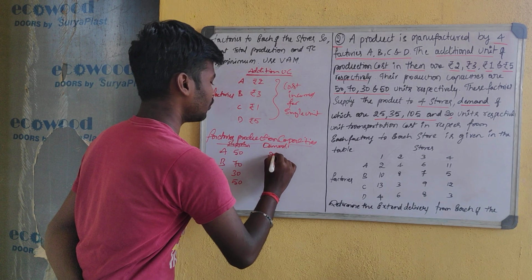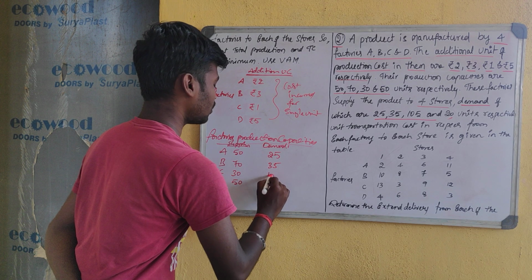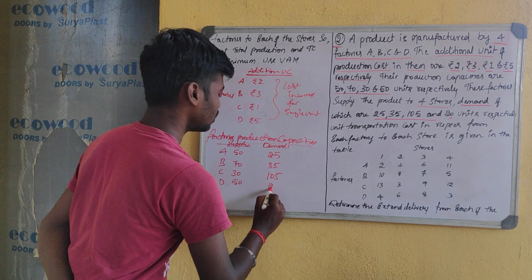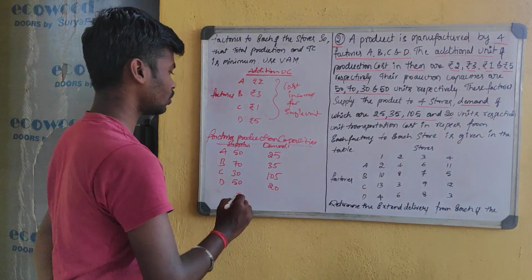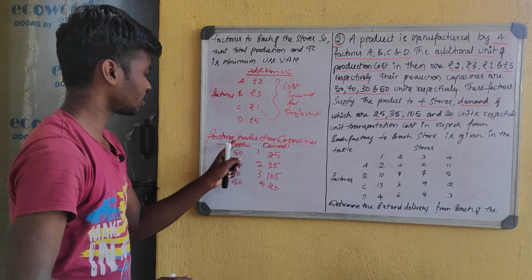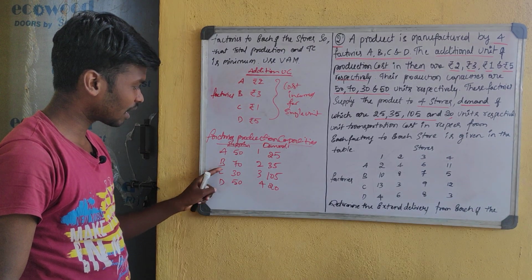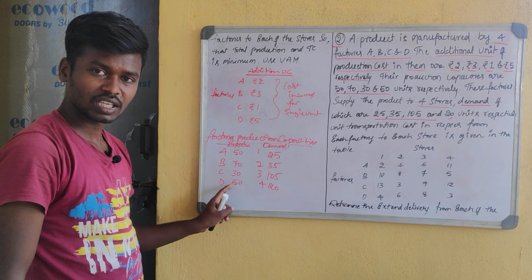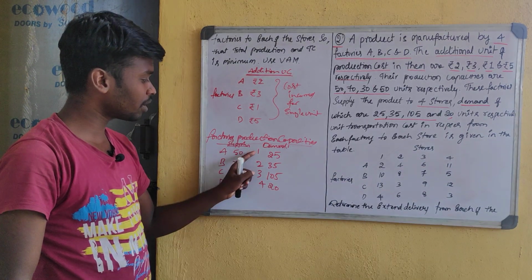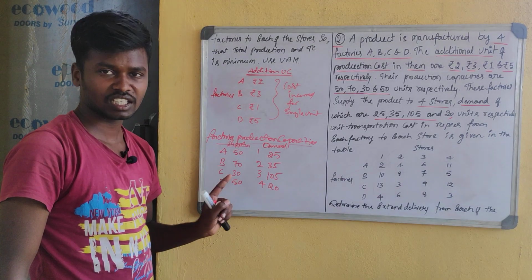There are 4 stores. The supply made by factories A, B, C, D is 50, 70, 30, 50 respectively, and the demand made by the 4 stores is 25, 35, 105 and 20 respectively.